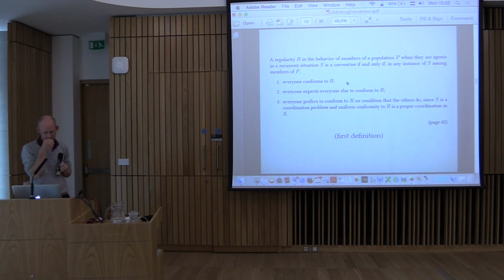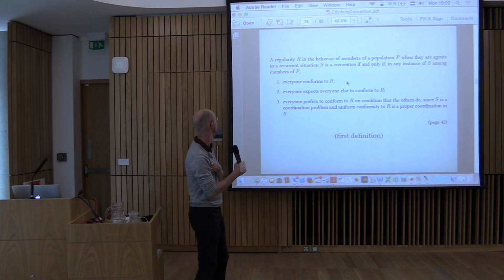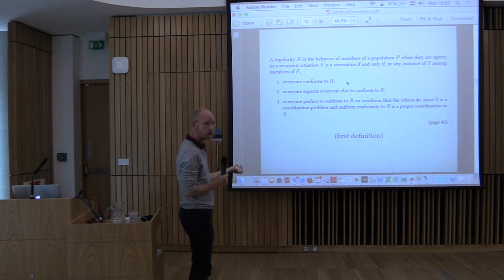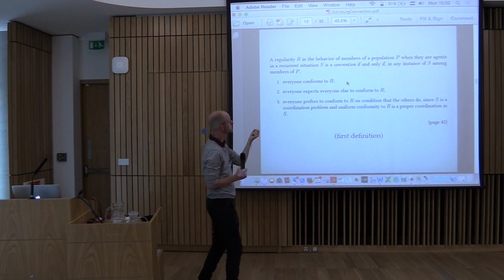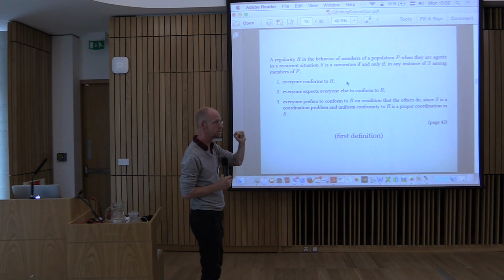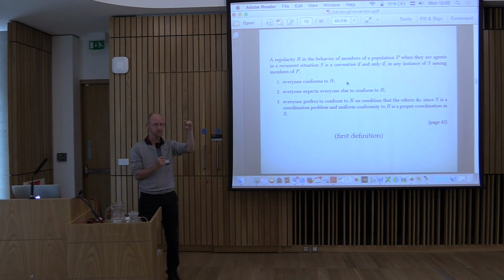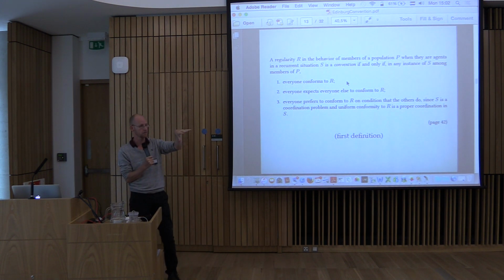Okay. So here's then the first definition that David Lewis gives of what a convention is. It's a regularity in behavior of the members of a population P when they are agents in a recurrent situation S. This recurrent situation is modeled by the strategic game.